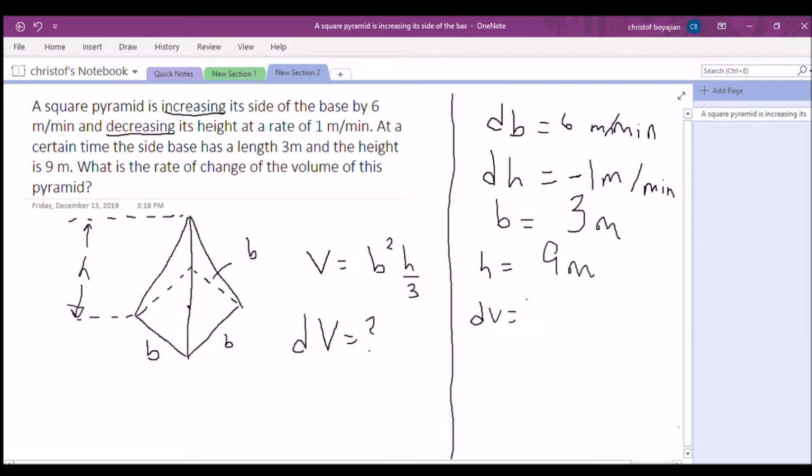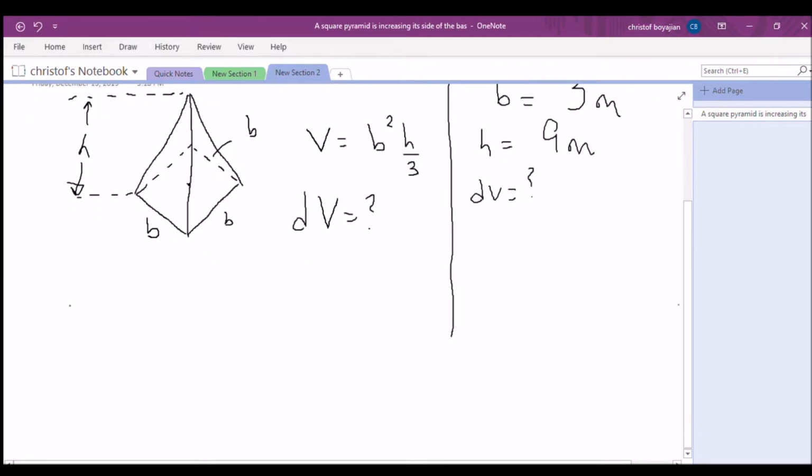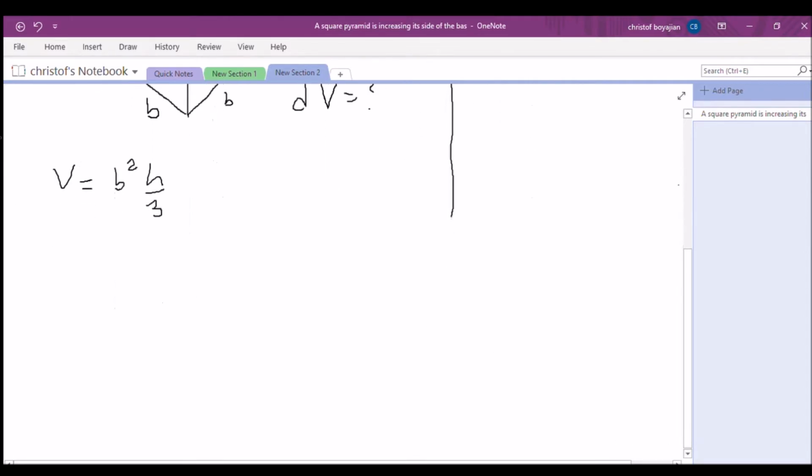dV, what are you? Okay, let's go ahead and write the volume of the square pyramid again. I'm going to write it down here. And we're going to take the derivative of this volume with respect to time, because time is the variable we are differentiating with respect to.